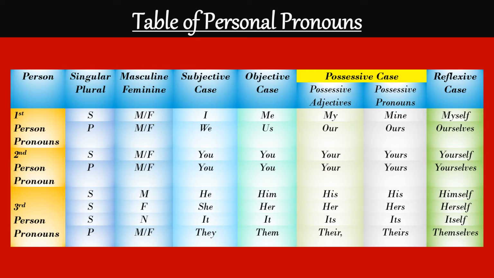While the second column under possessive case is that of possessive pronouns. Possessive pronouns are mine, ours, yours, his, hers, its, theirs. Possessive pronouns should not be confused with the possessive adjectives.